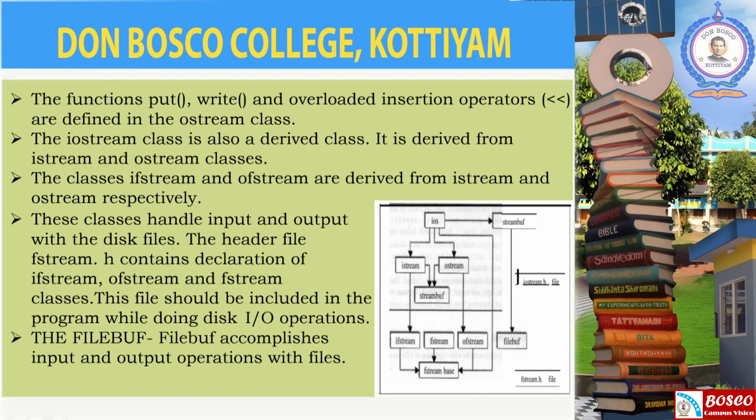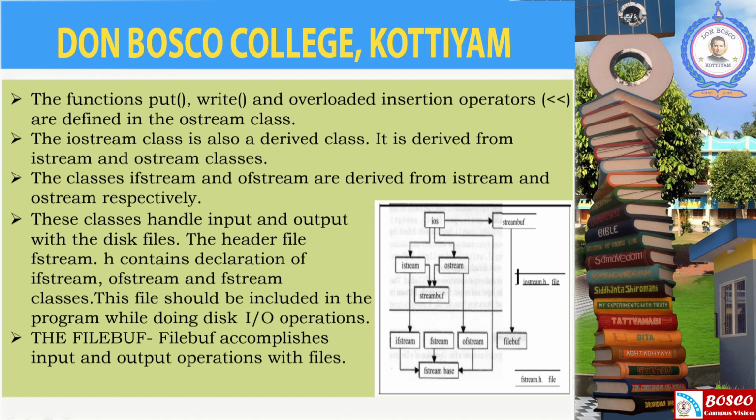Now we can check the different terms specified in the figure. That is ios, which means input output stream. It supports istream as well as ostream. And istream supports all the input functions and ostream supports all the output functions.